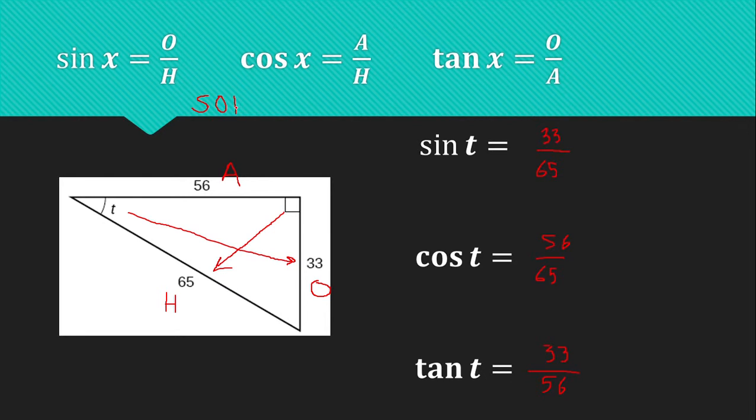So sine, opposite hypotenuse, CA is cosine, adjacent hypotenuse, TOA would be tangent, opposite, adjacent, and all together we get SOHCAHTOA. So if you can remember that, you are welcome to use that. Otherwise, you will have a formula sheet.